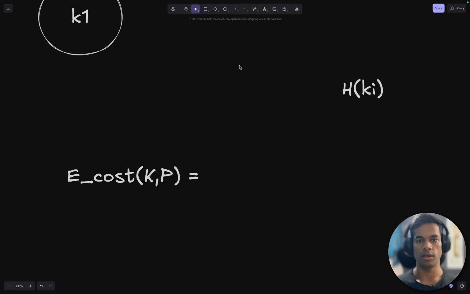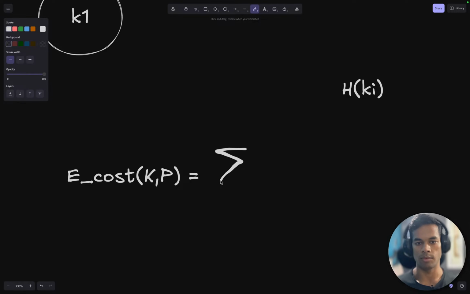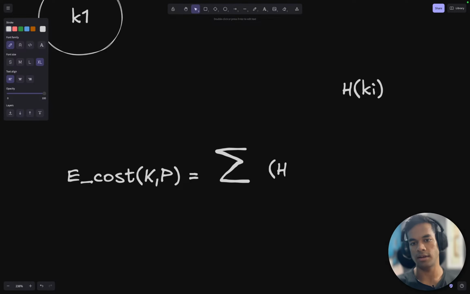which is going to be equal to summation, manually drawing summation literally. It will be equal to summation of height of ki, into pi.